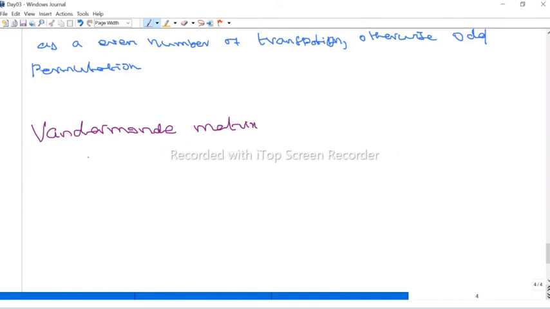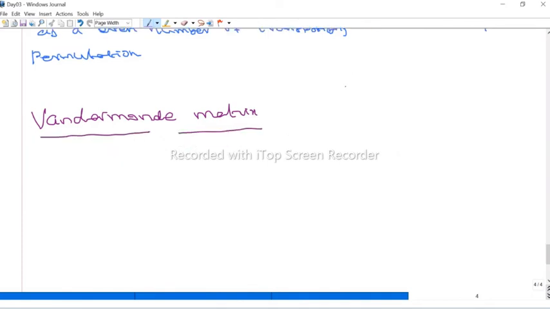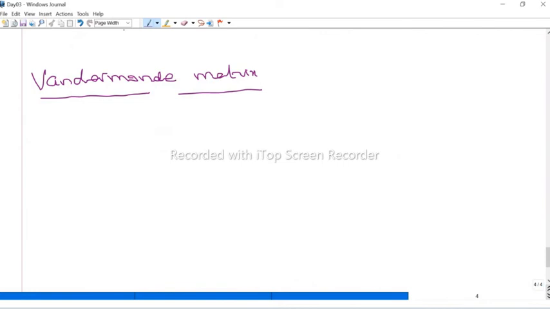How does the matrix look? The first column should be 1 1 1, or you can write some other form. It should be a square matrix.